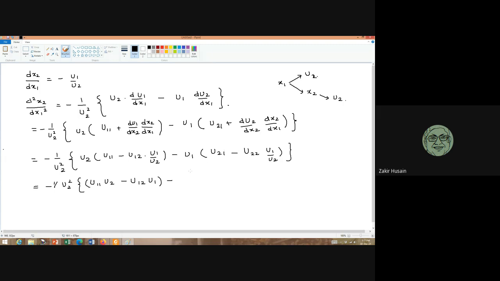So this is u1 into u21. This becomes plus u22 into u1 whole square by u2.